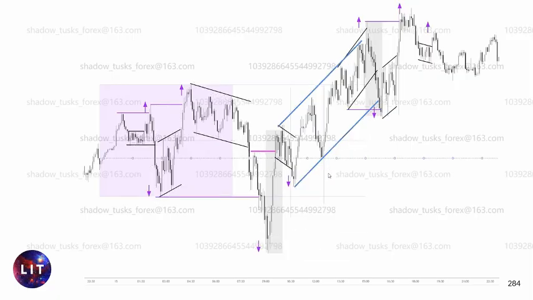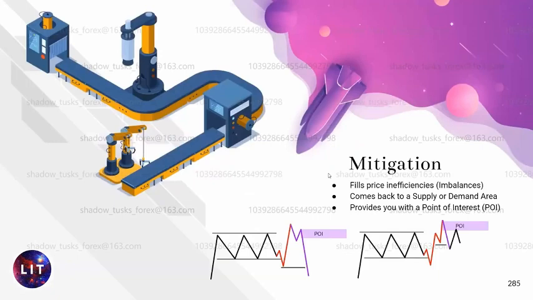What's up next? Mitigation. So obviously, after we've had our inducements and our relevant breaks of structure, we're only showing those on M5, but it's also on M1. You can then look into your mitigations.